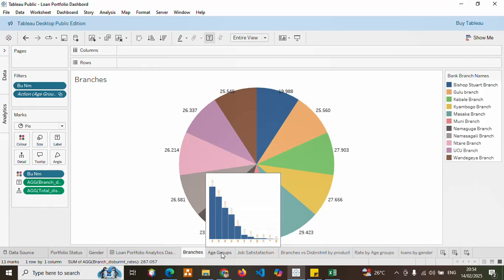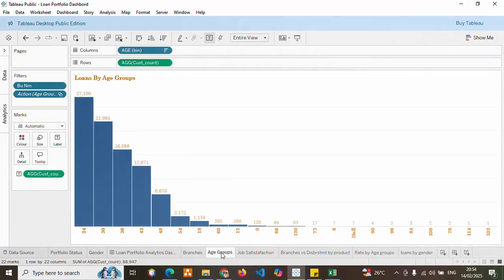After that, I also come up with age groups, the categories of different ages that are taking our loans, to understand clearly, if you are giving loans, what is the biggest group that is taking your loans? Are they youth? Are they adults? Are they senior citizens? Are they minors?